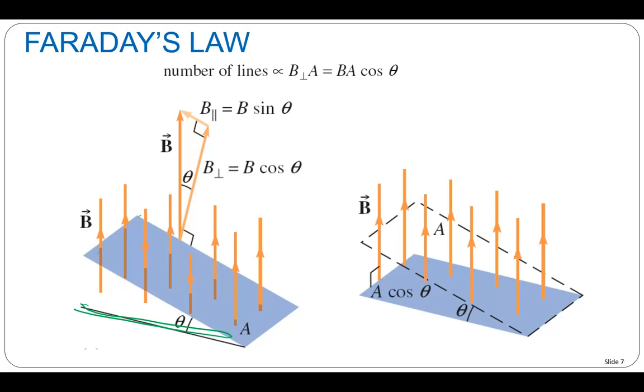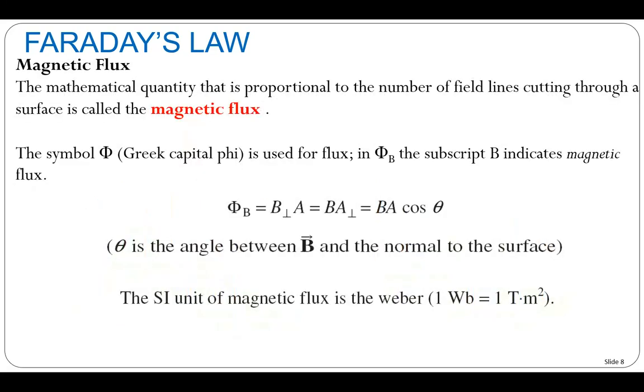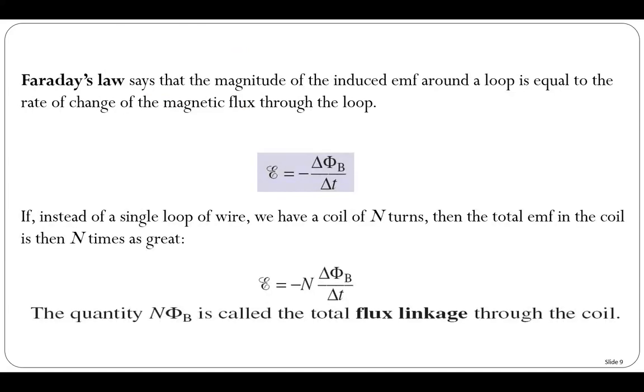How many lines would be going through the surface? 0. Right? So as you tip, the number of lines going through the surface changes, which is why the flux depends on that angle. And of course, I thought it was important to point out that the units were Webers for magnetic flux.